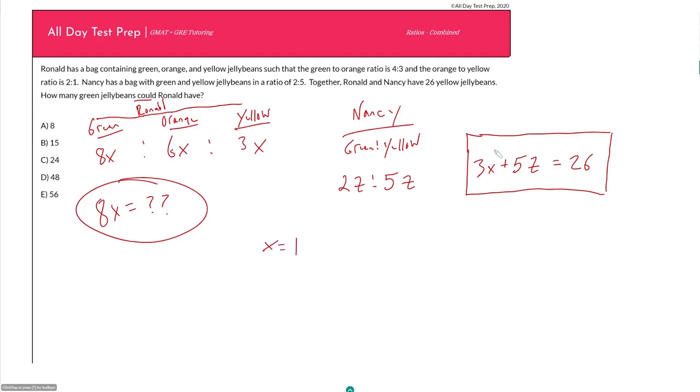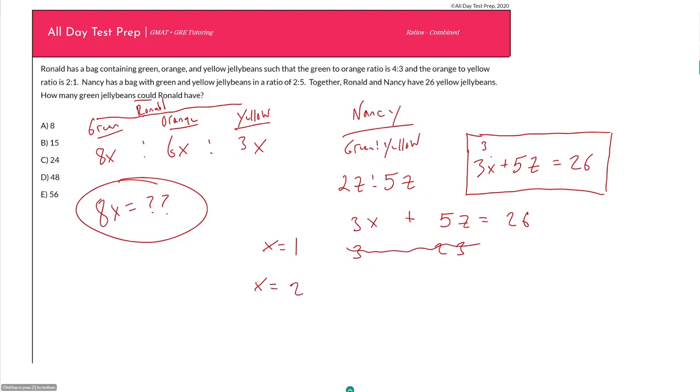Then 3x is 3, which means this has to be equal to 23. This can't be true because this has to be a multiple of 5, which 23 is not. So this isn't possible.